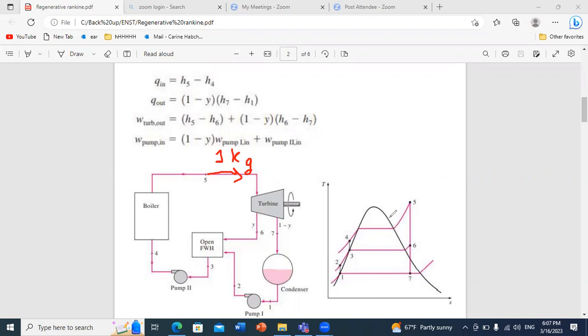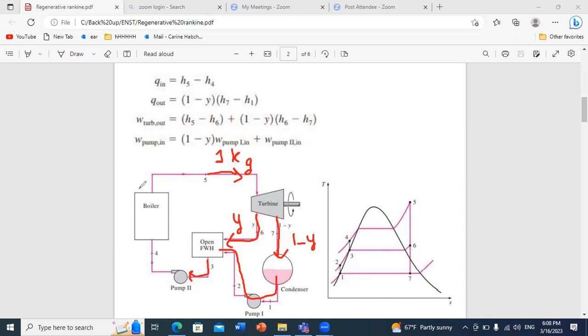Now a part of it will be extracted to the open feed water heater, while the remaining part will go to the condenser. And these two parts will mix again in the open feed water heater before being pumped to the boiler, and the cycle will continue.